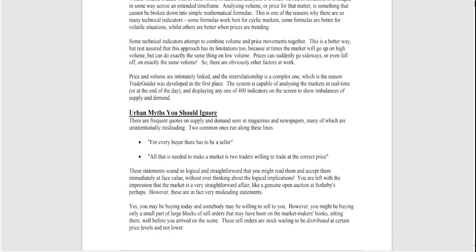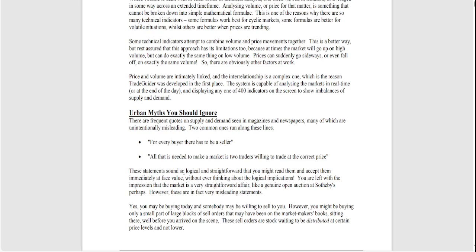There are frequent quotes on supply and demand in magazines and newspapers that for every buyer there has to be a seller, and all that is needed to make a market is two willing traders to trade at the correct price. These two quotes are very popular, but they are unintentionally misleading.